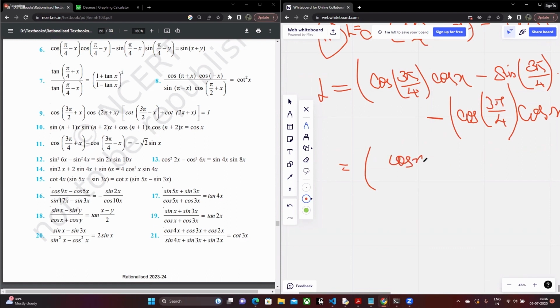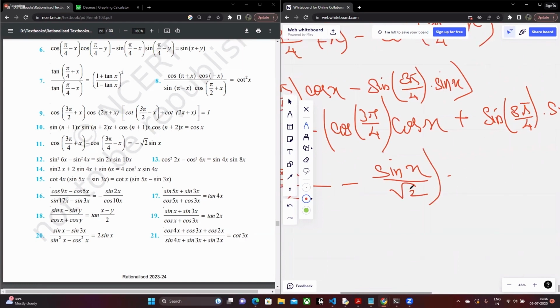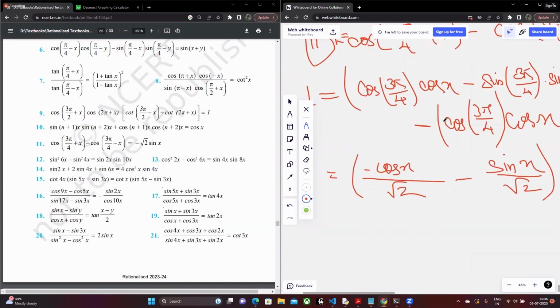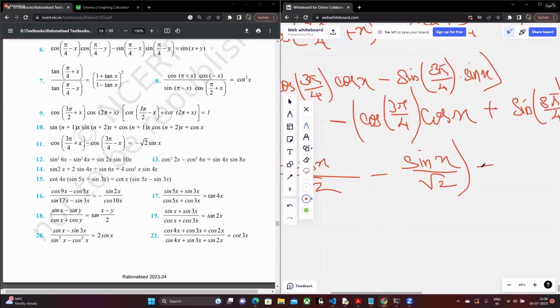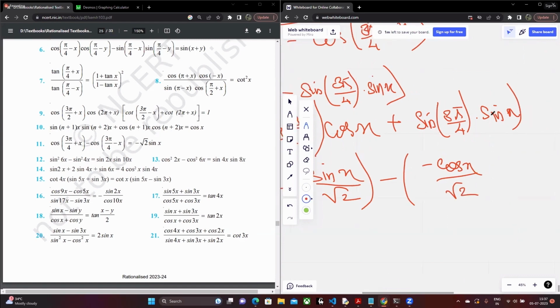So this is basically minus cos x by root 2. This and this is minus sin x by root 2. This is minus of minus cos x by root 2. And this is again going to be plus sin x by root 2.